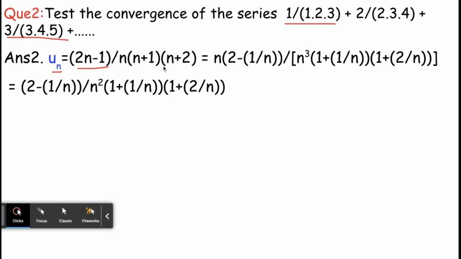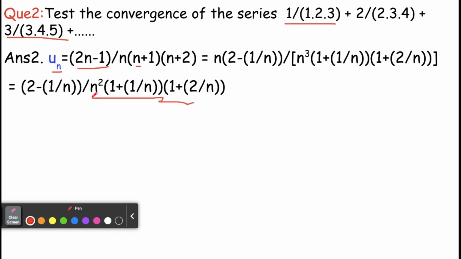If we take 2n common from here, we get 2 into n into 2 minus 1 upon n, and in the denominator we take n common from each factor, giving n cubed, and we get 1 plus 1 upon n, and 1 plus 2 upon n. Now we cancel n from the numerator with the n cubed in the denominator, and we are left with n squared.